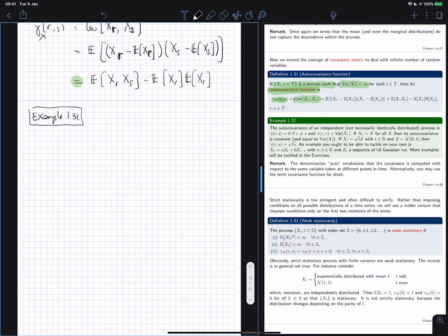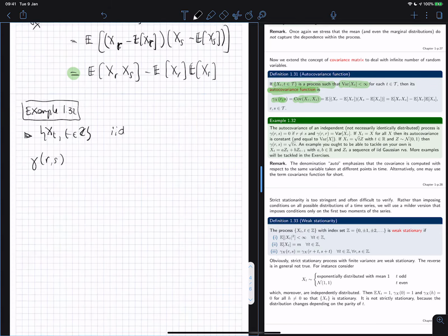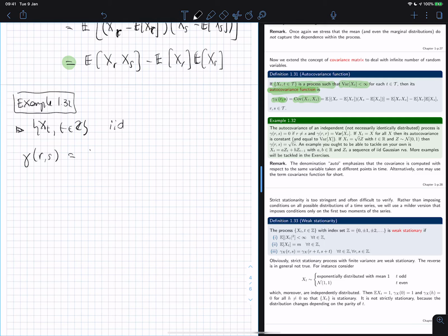So if we have an IID sequence, if the X_t's are IID, then the autocovariance gamma of r, s is, by definition, the covariance of X_r and X_s, and you have to get used to this kind of thing. We have to discuss in terms of what r and s do.